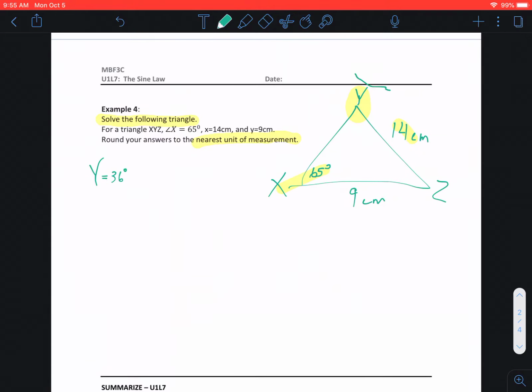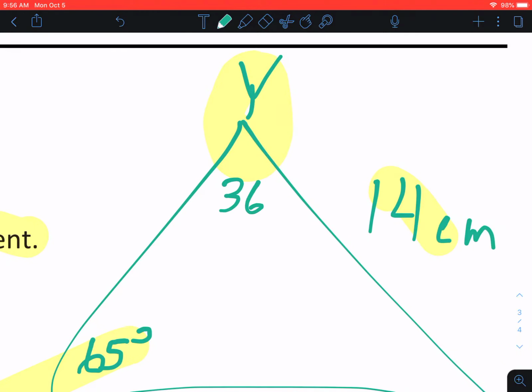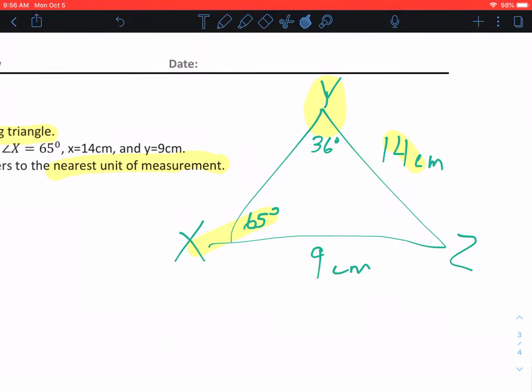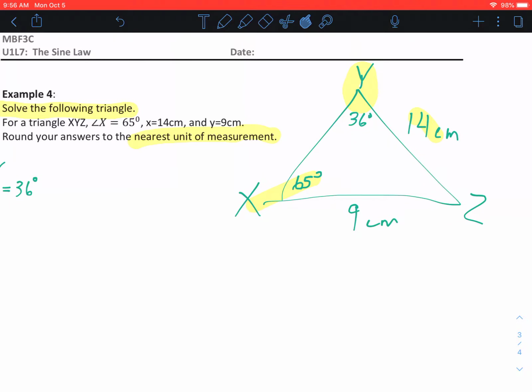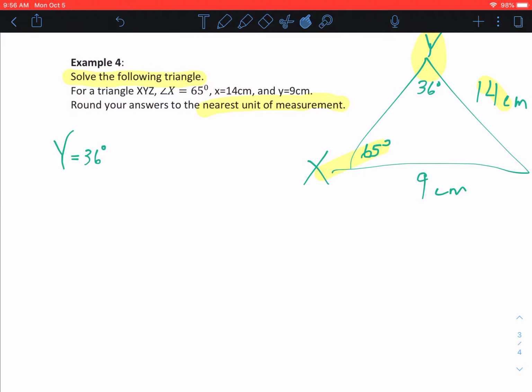If we know that Y equals 36, then we can use that fact to figure out angle Z, because all three of these angles add up to 180 degrees. So X plus angle Y plus angle Z equals 180.